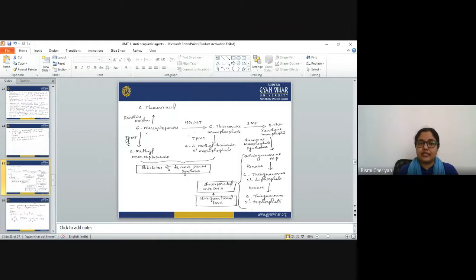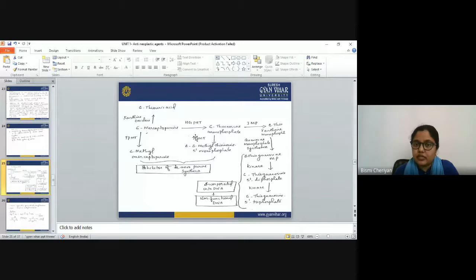So what does the enzyme do here? This enzyme transfers a methyl group to the 6-mercaptopurine, and this is converted into the 6-methyl mercaptopurine. Please note down the full form of TPMT: thiopurine methyl transferase enzyme.